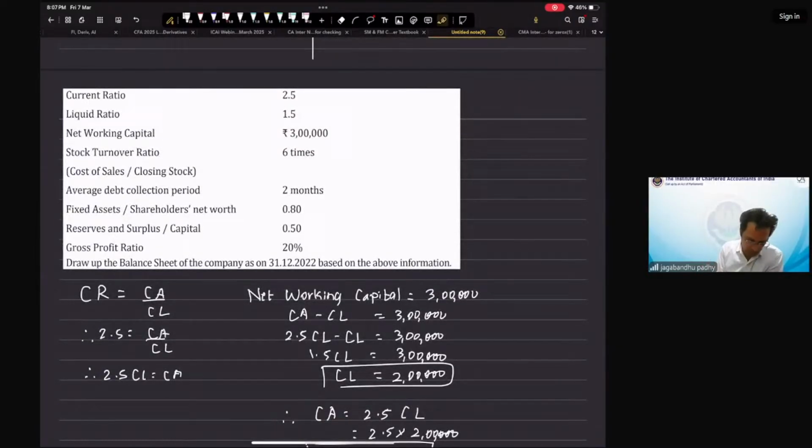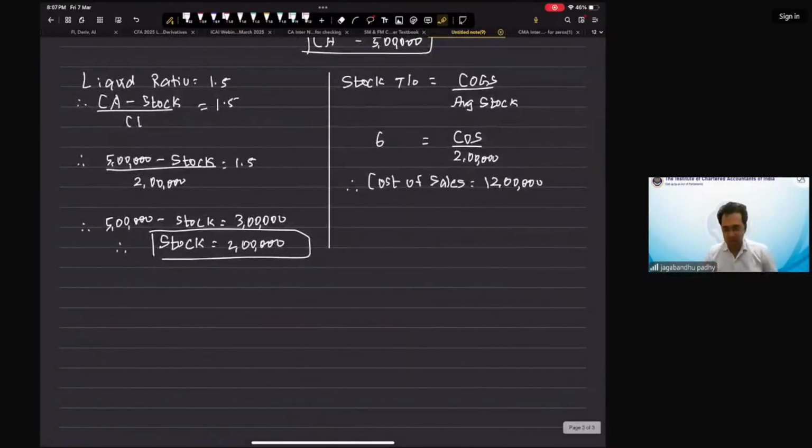Now, why do we need this cost of sales? Because we need to calculate the amount of debtors. The value of debtors can be computed using the average debt collection period, which is 2 months. For that, I will need the value of sales.